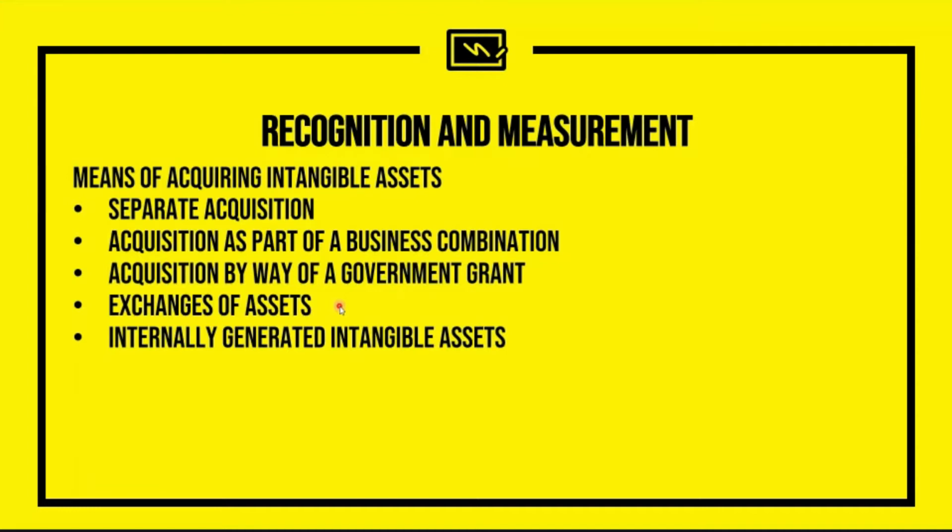Of course, since we're talking about exchanges, it is also possible to receive an intangible asset in exchange for liability. In the case of liability, we're going to use the IRI rule. So you're going to get the fair value of the liability issued and then fair value of the asset received, or the book value of the liability that we issued. So that's the hierarchy there.